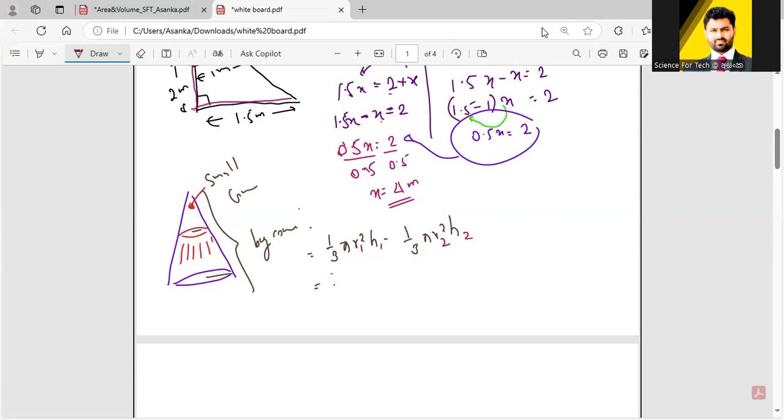Now you can see the 1/3 and pi are common. Then I'm going to take 1/3 pi outside. R1 is this 1.5 meters, because I'm subtracting the volume of the small cone from the big cone. This is 1 meter.